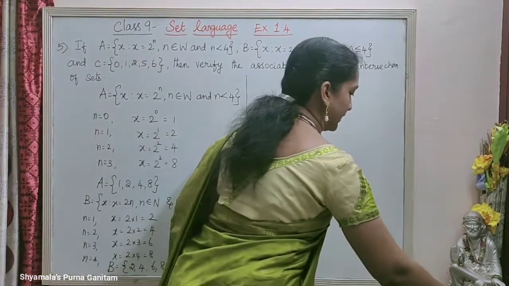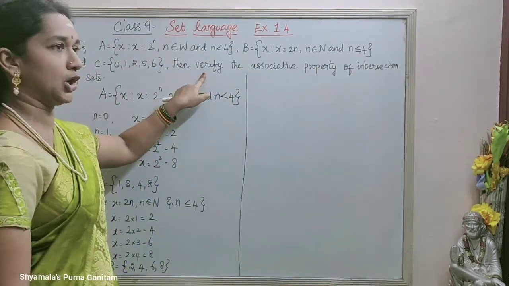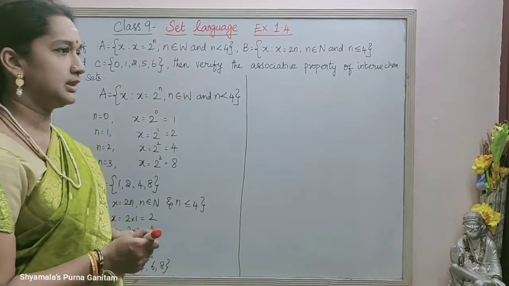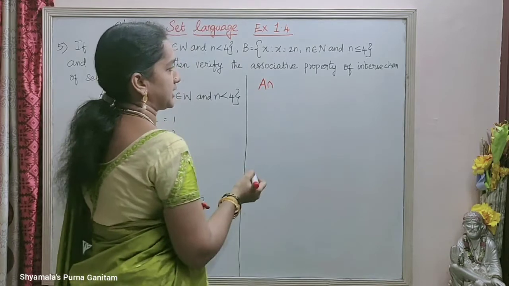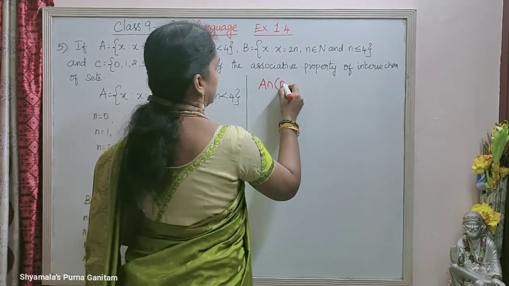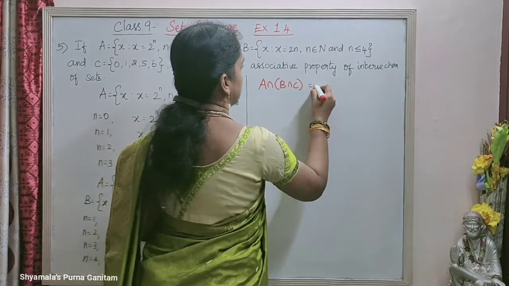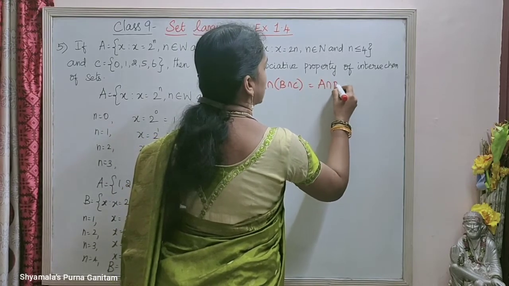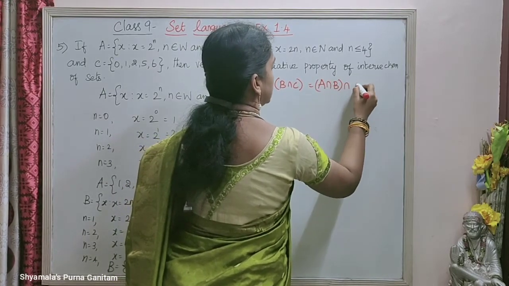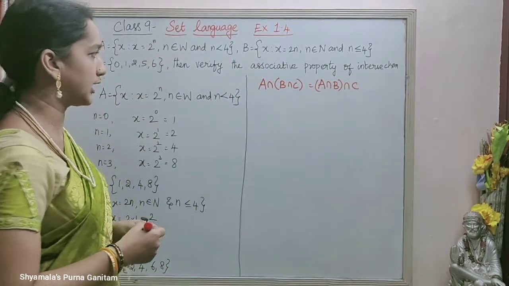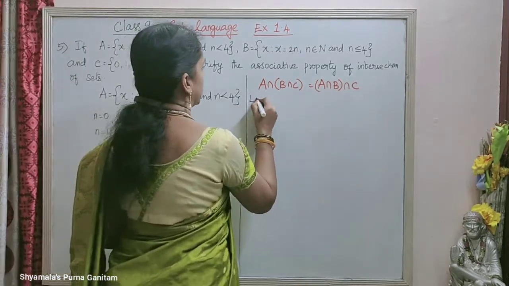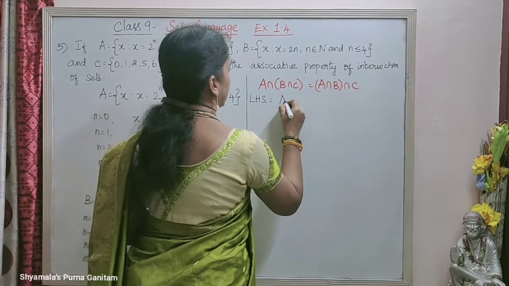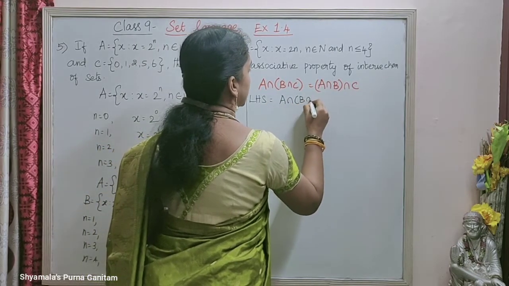So now we will verify the associative property of intersection of sets. The associative property of intersection of sets is A intersection B intersection C is equal to A intersection B intersection C. First we will take LHS. So LHS is A intersection (B intersection C).